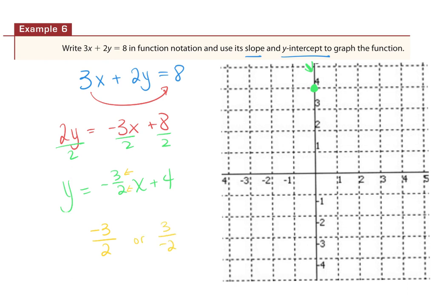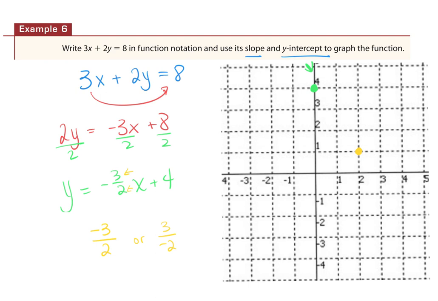Only one of your movements is negative, not both. In this case, I would actually use the first one because the second one would take me off the graph. So I'm going to say down 3 and right 2. I'm going to count 1, 2, 3 down, and I'm going to go over 1, 2. And so I have counted down to where my next point is, down 3 over 2.